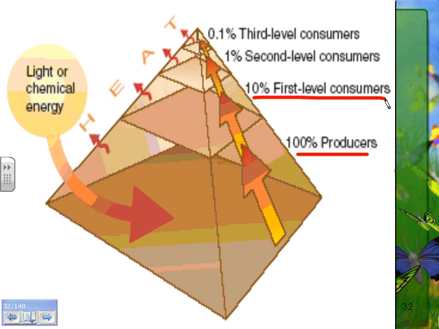Only 10% of the energy from here is here, and then only 10% of that energy goes here. So from the total 100, here you've got just 1% of that energy, and here's 0.1%, and if there were another level on top of that, it would be 0.01%. You're losing an order of magnitude at each step. The thing to remember from here is that most of your energy is in the producers.